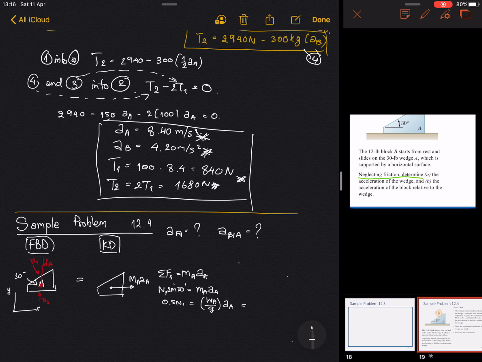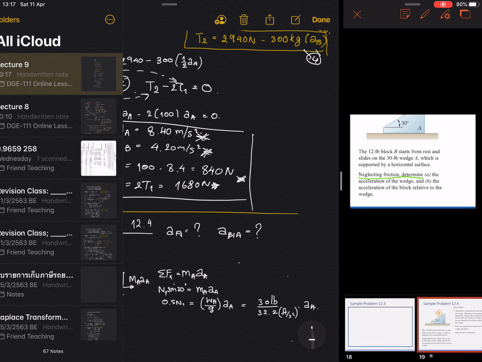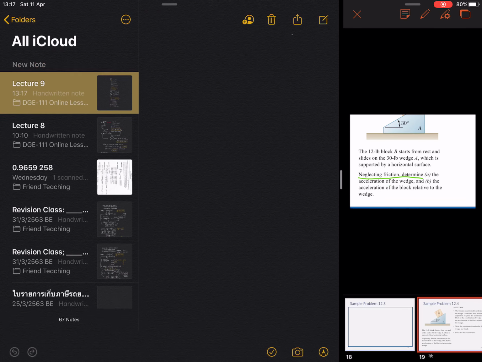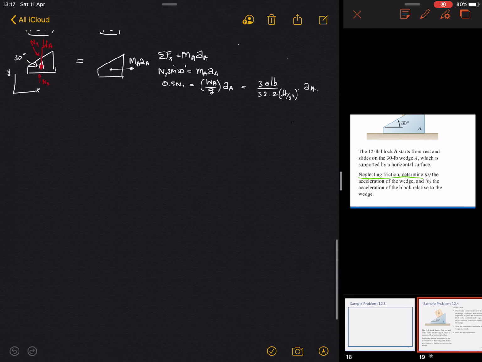So we have 30 pounds over 32.2 feet per second squared, multiplied by acceleration A. Okay, so next we continue on. Let me again take a look.